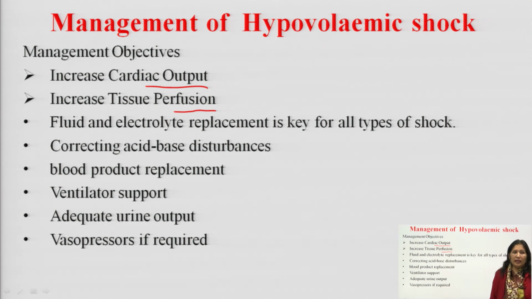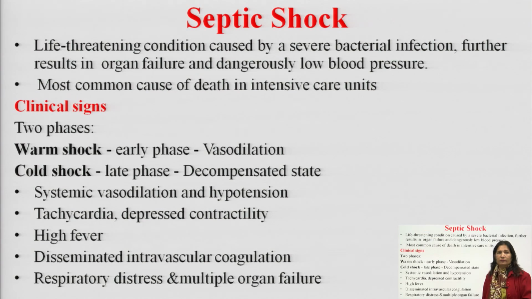Also, we need to correct acid base disturbances, blood product replacement, ventilator support for oxygenation, adequate urine output should be there, urine output is monitored, there should not be oliguria, and vasopressors if required, to increase the BP. So, this is how we can prevent or treat hypovolemic shock.